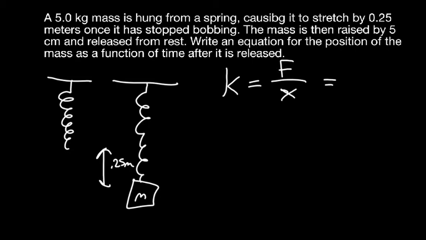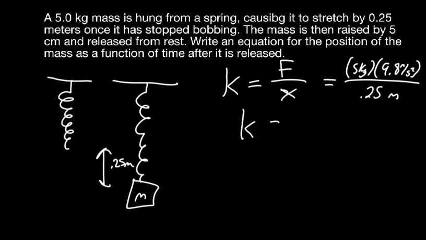So that'd be 5 kilograms times 9.8 meters per second squared, divided by the distance stretched, 0.25 meters. So we get a spring constant here of 196 newtons per meter, or kilograms per second squared. Both units work for a spring constant here.